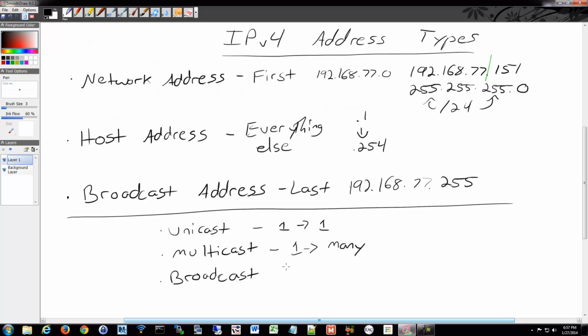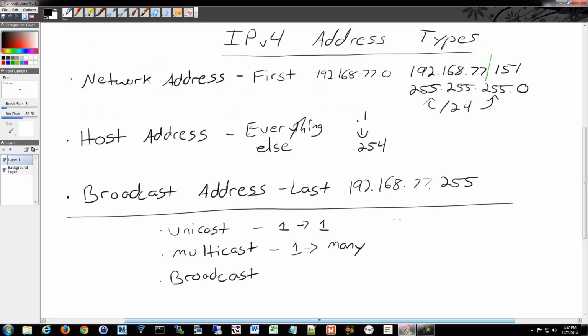So the way the multicast works is it'll go out onto the wire from whoever's generating that traffic, and then it'll be received by everyone, but then only those computers or end nodes that are configured to listen for that specific multicast address are going to interpret and process that and send it up the stack.